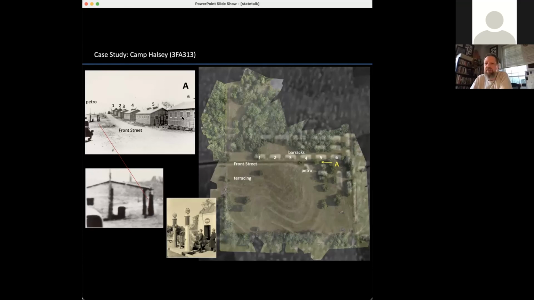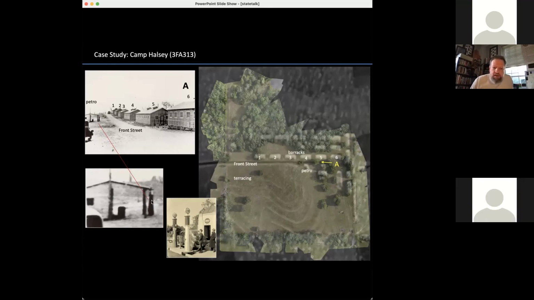So we have the visual evidence of the barracks, plus the archival evidence that talks about 35 CCC enrollees housed in these barracks. An additional covered structure over here that I've zoomed in on is visible. It's currently interpreted as a pump station, a gas pump station, a fuel station, a petro station, because not only is it on the road here, but it looks to contain a glass top gas pump.